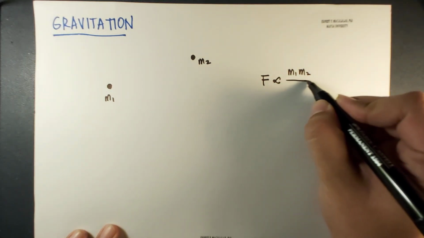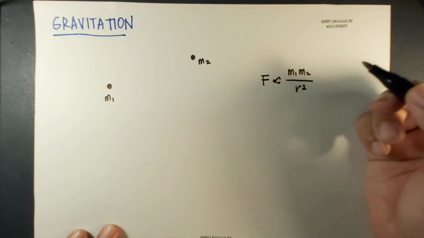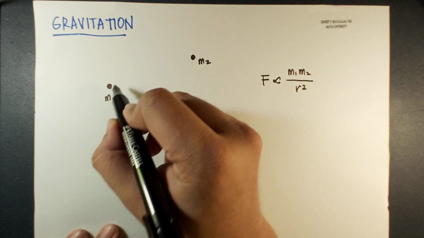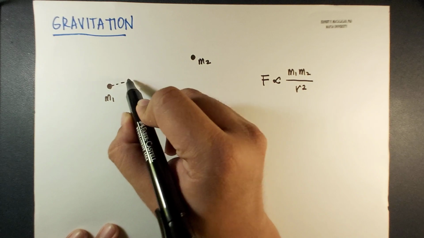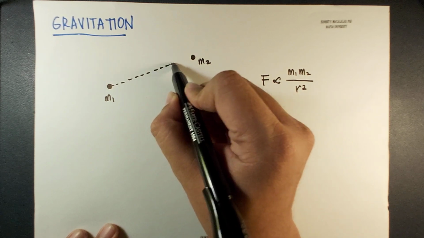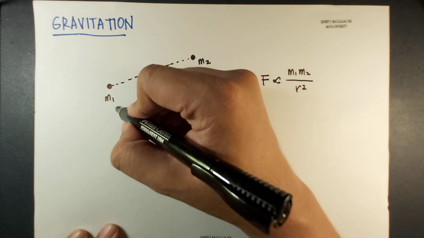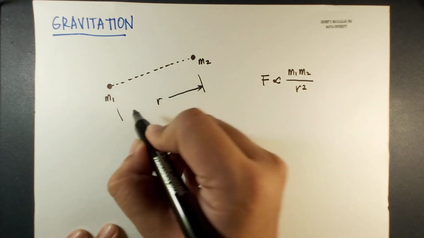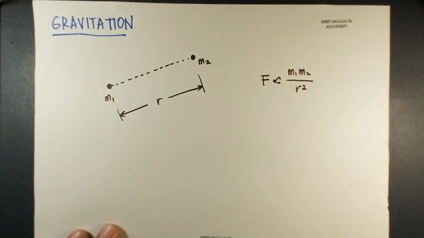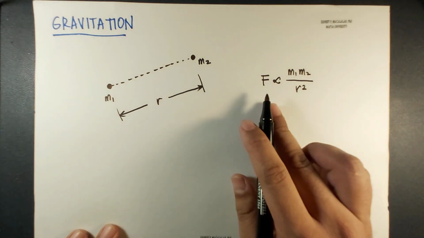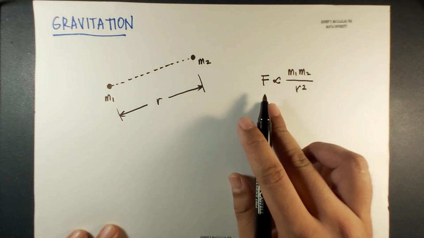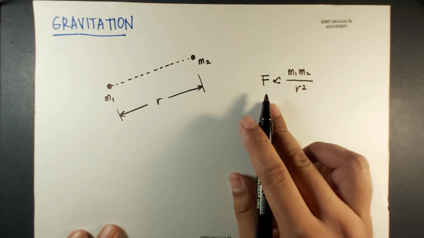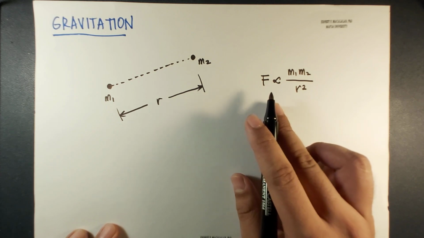So in this case, that's r squared, wherein r is the distance between m1 and m2. Also, because force is a vector, the direction of the force lies along the straight line connecting the two particles, and it is always attractive.